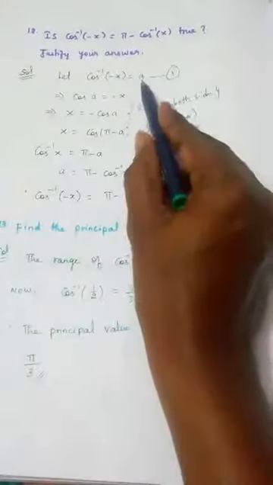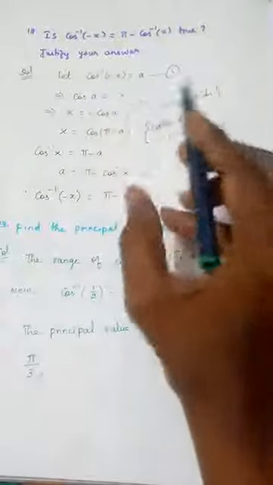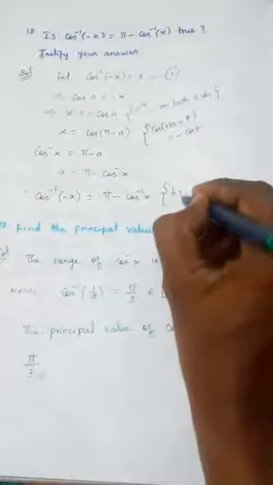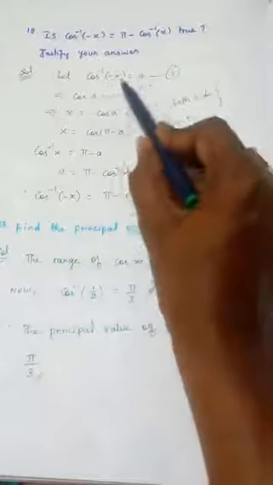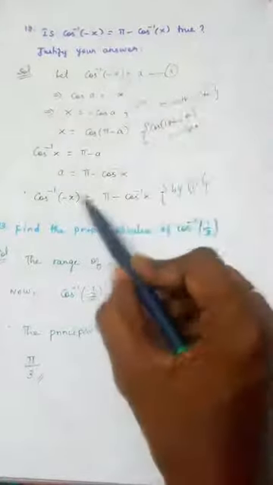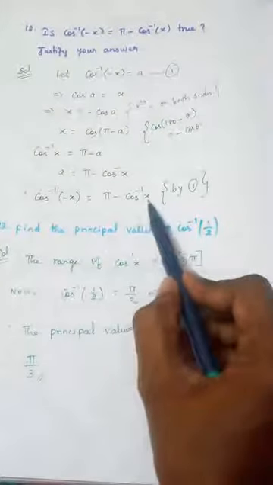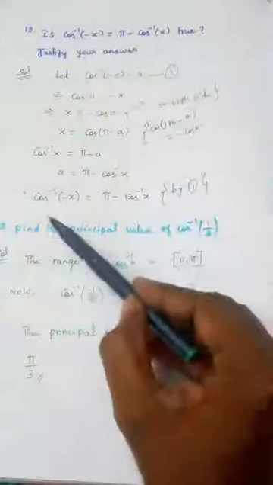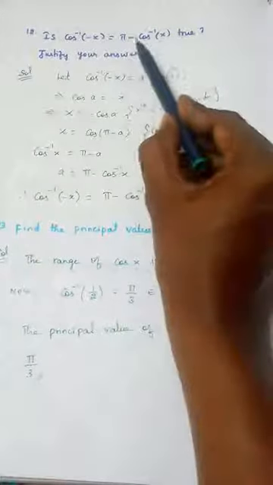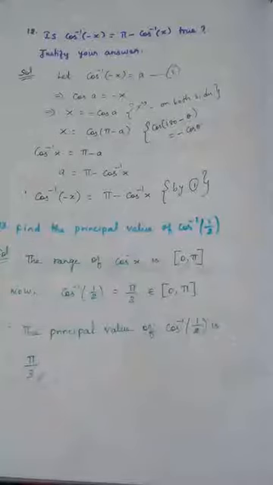This a value is nothing but cos inverse of minus x. By equation 1, this a is replaced by cos inverse of minus x equal to pi minus cos inverse x. So eventually we have proved this result: cos inverse of minus x is equal to pi minus cos inverse x. Therefore this result is true. So hence they are equal.